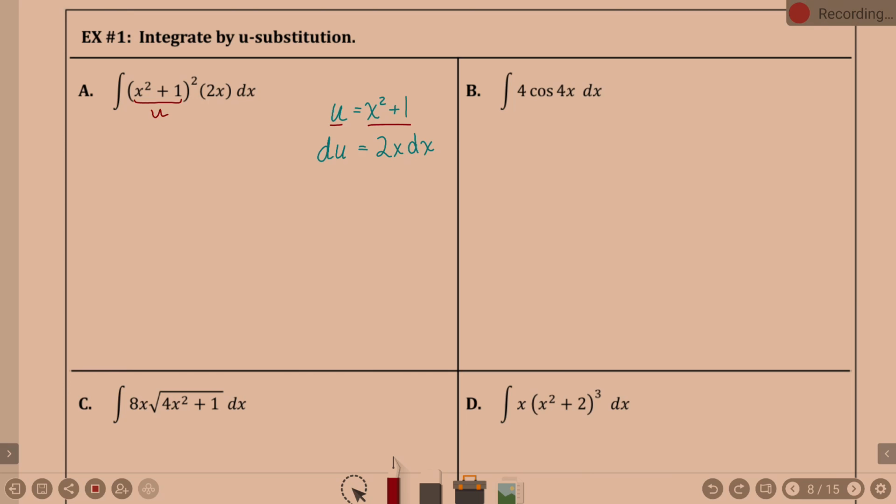So we could think of this as du dx equal to 2x. Does that make more sense if I do it that way? Same thing, because then this is du divided by dx. How do you get the dx over here? You multiply both sides by dx. So then there's my du equals 2x dx. Okay?